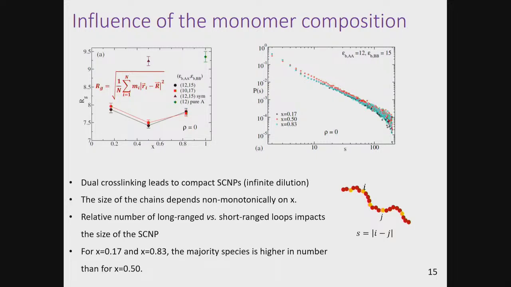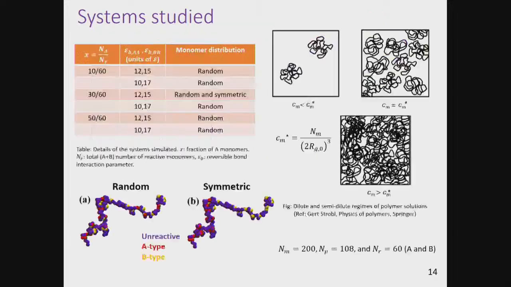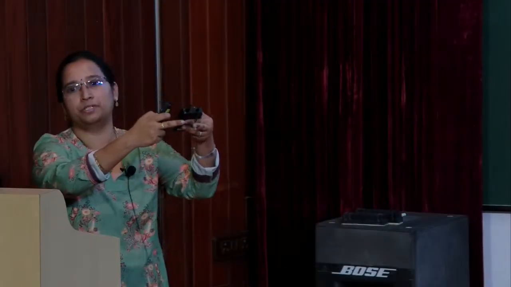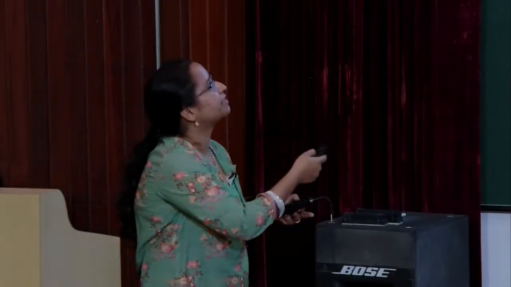So in x equal to 0.5, let me show you how many reactive monomers we have. So this belongs to x equal to 0.5. So a given type of reactive monomers which can form bonds is only 30 here, whereas in the other two cases it's 50, right? So in this case, to see the monomers of the same type, they have to form a long range loop as compared to the other two cases. So any question? Okay.